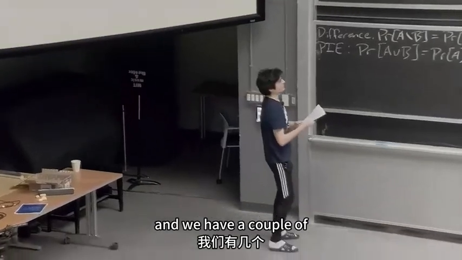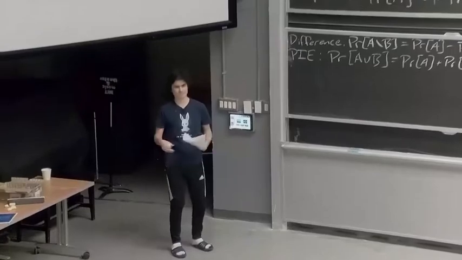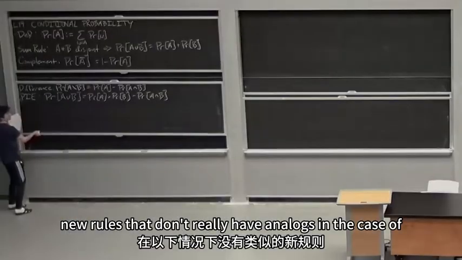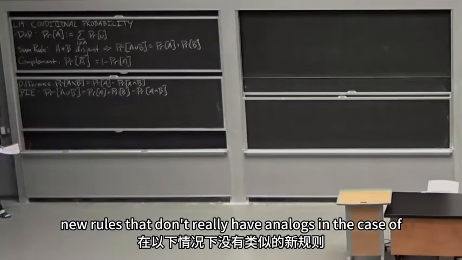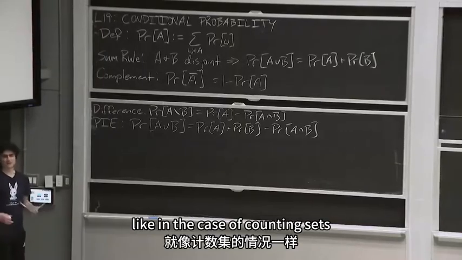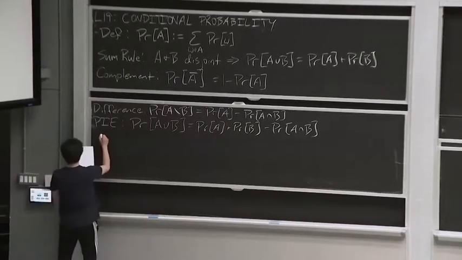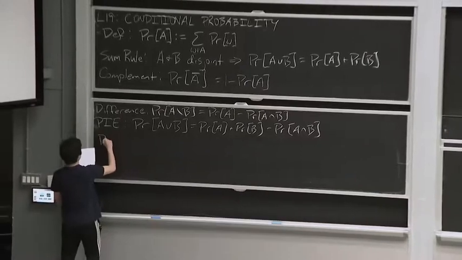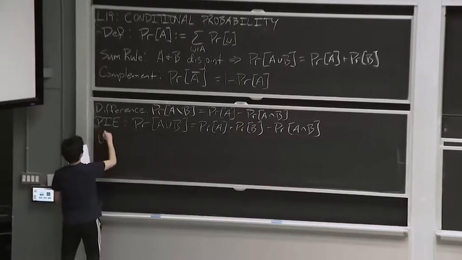And we have a couple of new rules that don't really have analogs in the case of counting sets. So first we have the union bound.